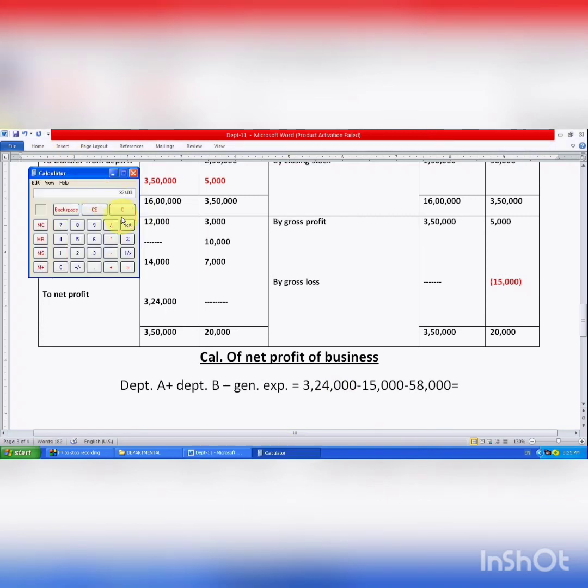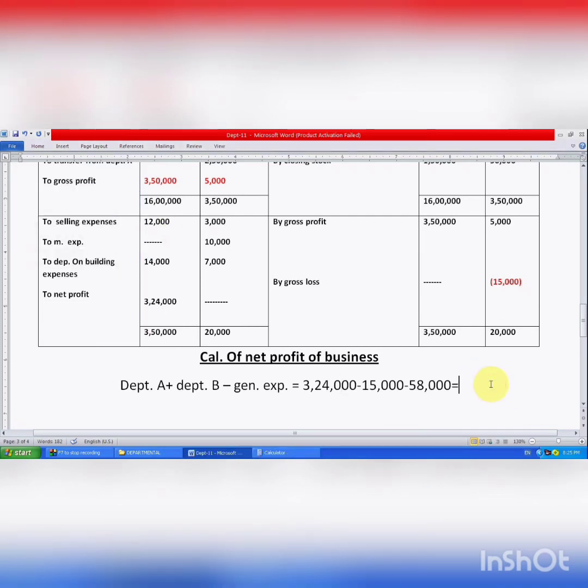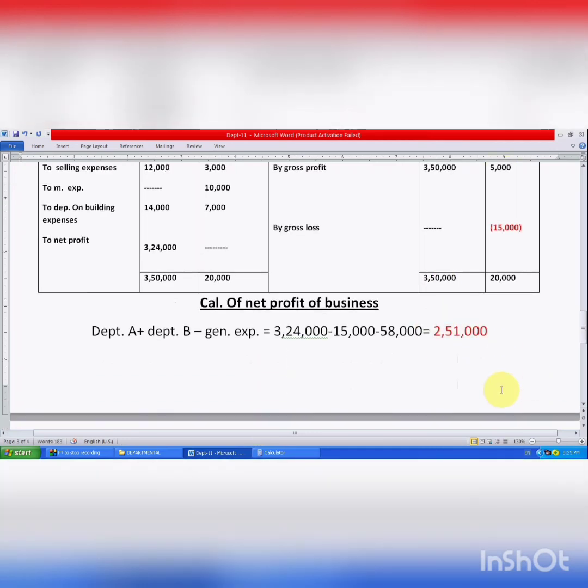So right here 3,24,000 minus 15,000 is a gross loss, minus 58,000, so overall 2,51,000 is the profit of the business, 2,51,000. Okay, the overall profit of the business is 2,51,000, department A plus department B minus general expenses.